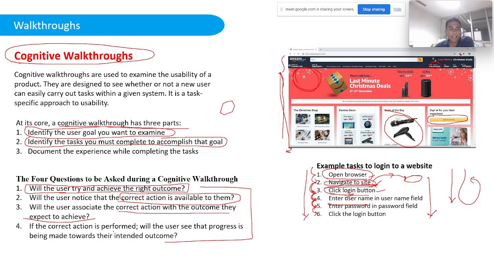Then, if the correct action is performed, will the user see the progress he made toward the intended outcome? So during the entire process, does the user get frustrated, or does he see the progress he is making? All these talk about the experience of the user while performing a set of tasks in order to achieve a particular goal.